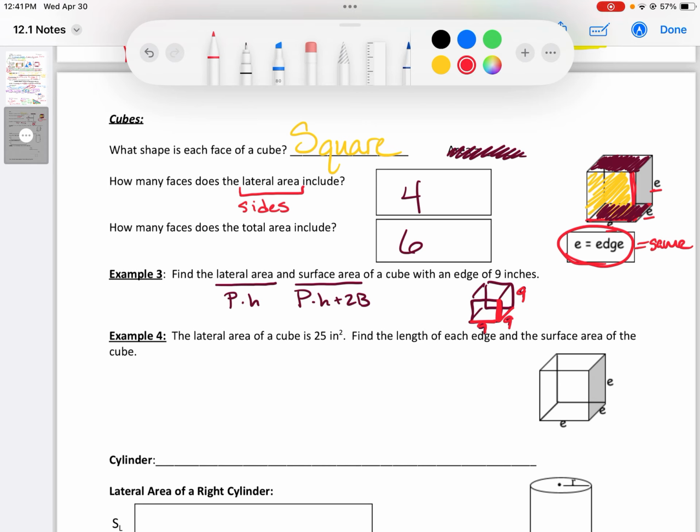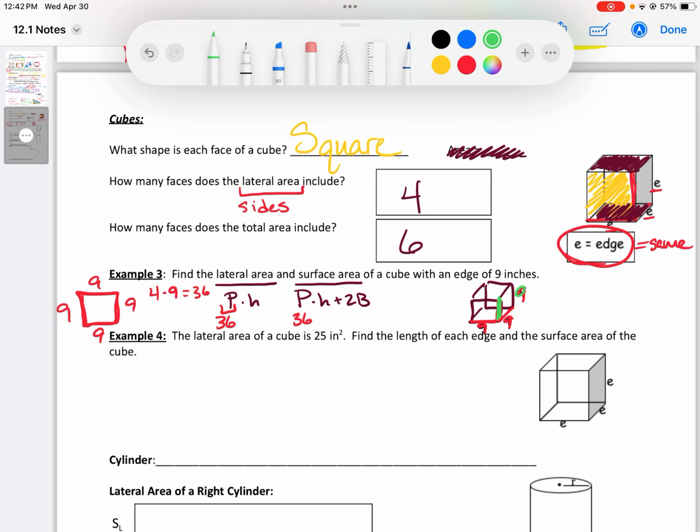So now we just actually use our same formulas. First, we need our perimeter. So you have a square base where all the sides are 9. All the sides are 9. 4 times 9 is 36. So my perimeter in both of these problems is 36.